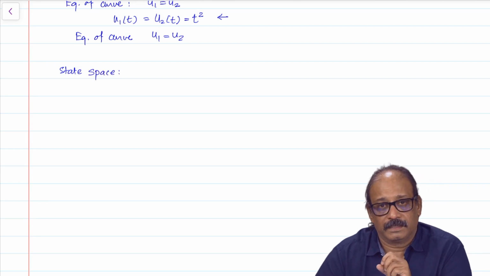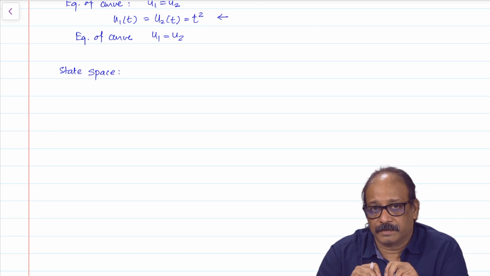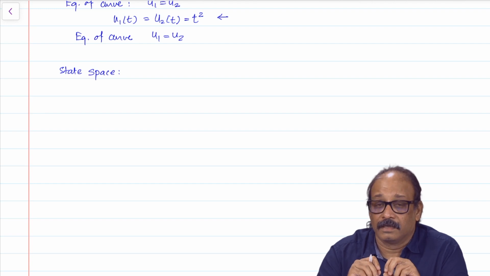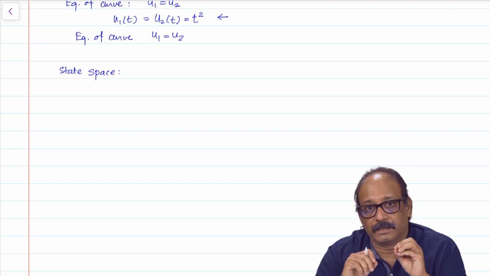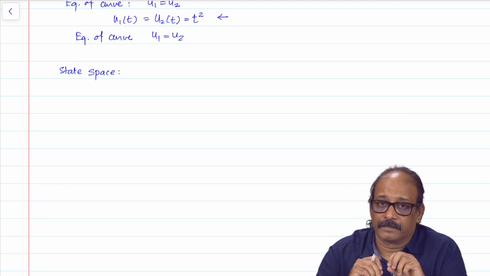So, what we have seen here is this. It is not just the location of the point in the configuration space, but the speed with which it is travelling in the configuration space also matters.